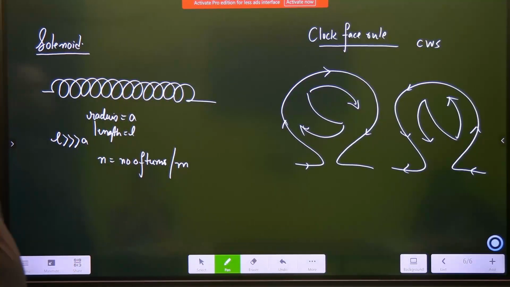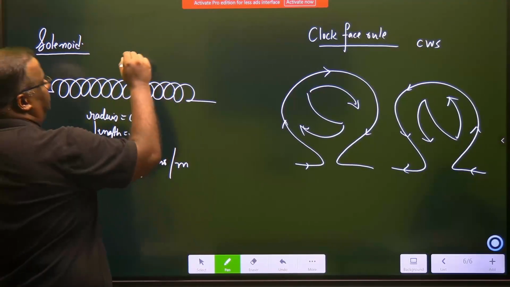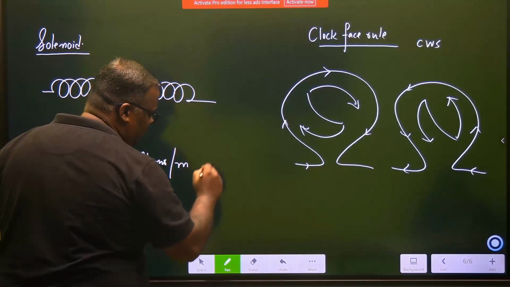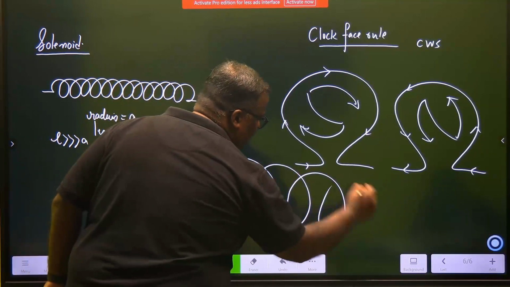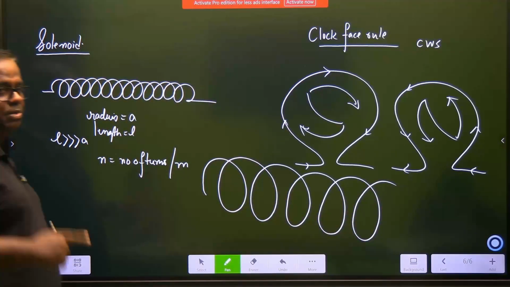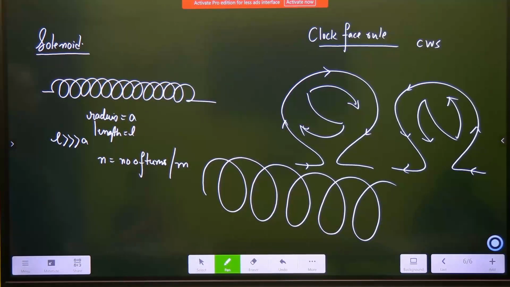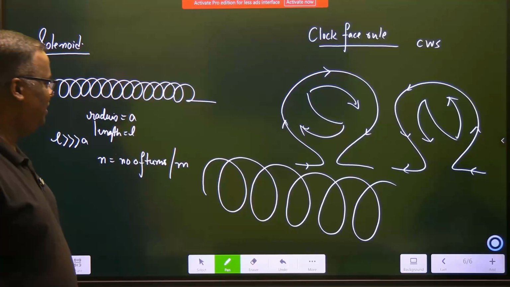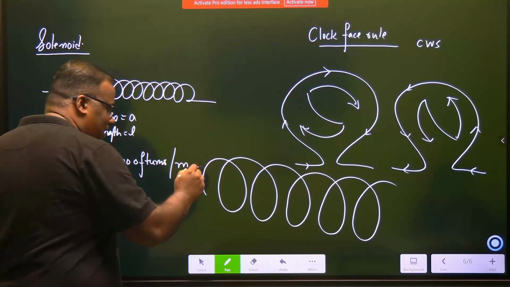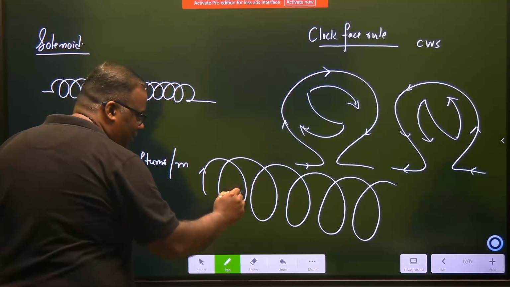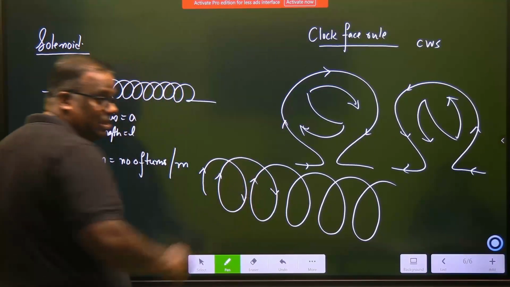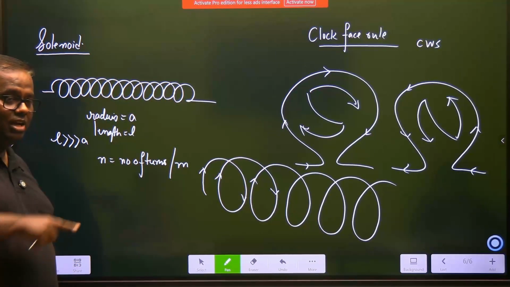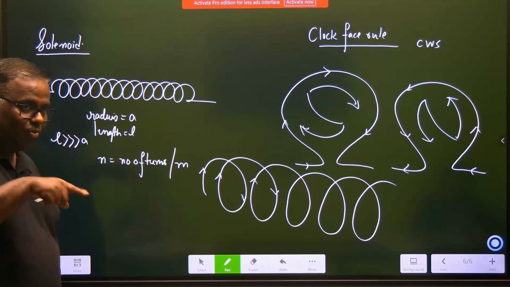Let's get your basics first correct. Again grade 10, this is my solenoid. It's like barbed wire on a building's peripheral wall. In grade 10, we used to learn it like this. Let the current go in this manner. Now if I stand here, I see the current in a clockwise direction.